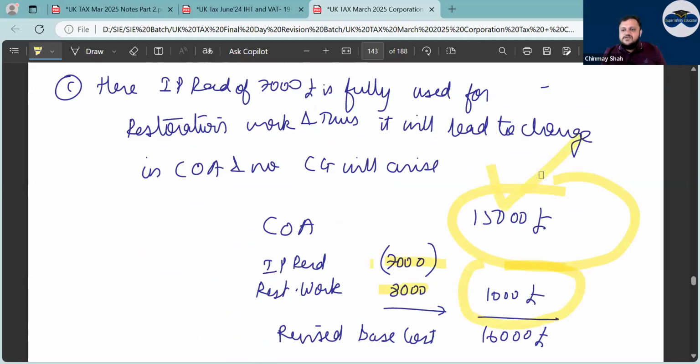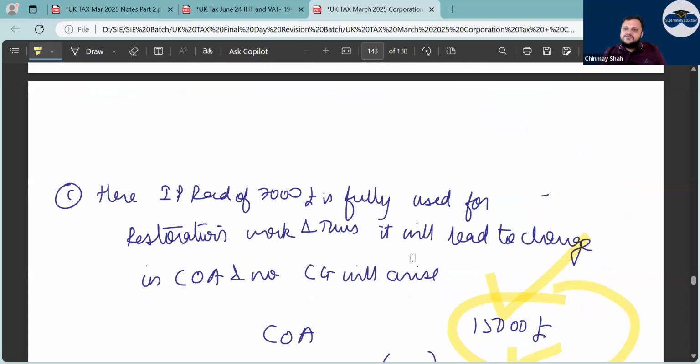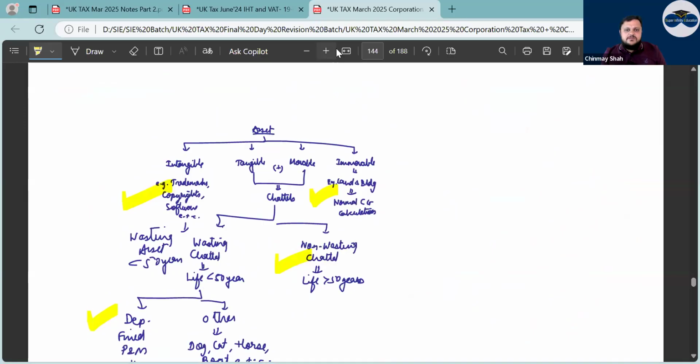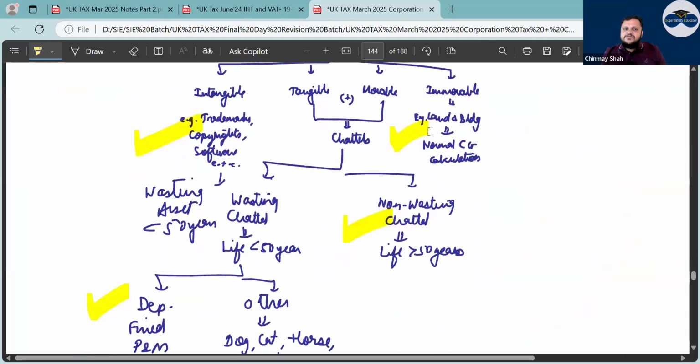So 15,000, then damage you made, correct? By additional 1,000 cost, 16,000 is the new revised base cost. When this asset is sold, 16,000 will be the cost of acquisition. Right? Then asset: there are 4 types of asset: intangible, tangible, movable, immovable, correct?